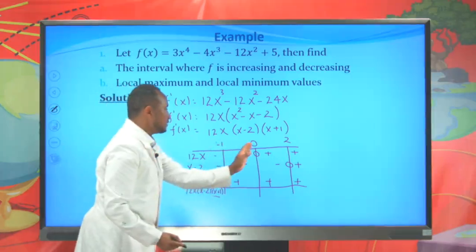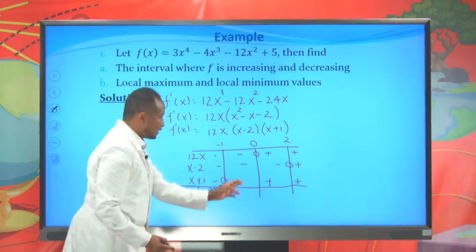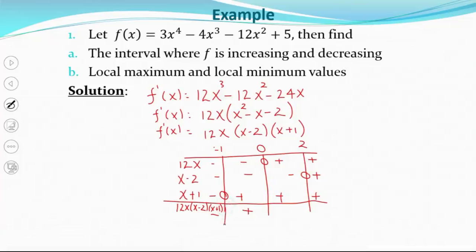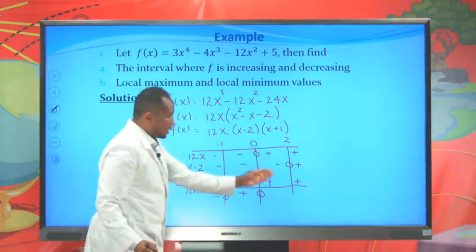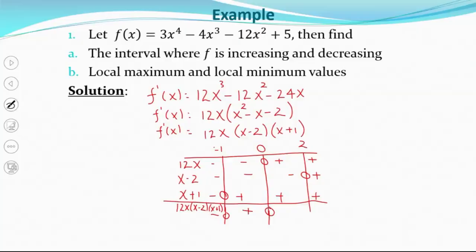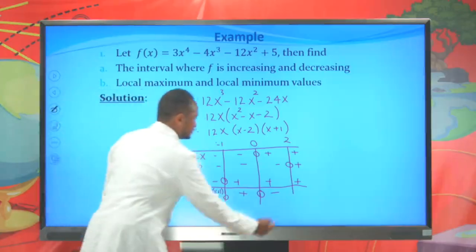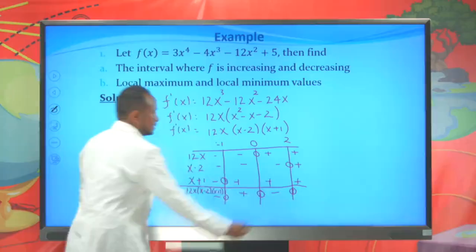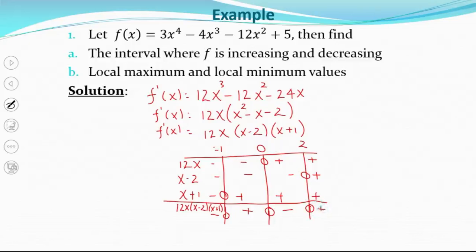For the interval from -1 up to 0, the product will be plus, and we have 0 at the boundary. For the next interval, the product gives plus times plus times minus, which is minus, and at the boundary it is 0, and then here it is positive.